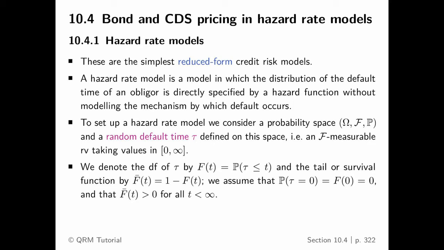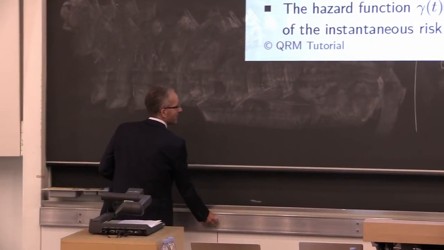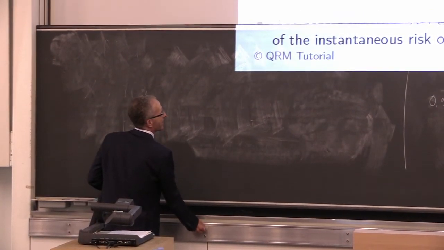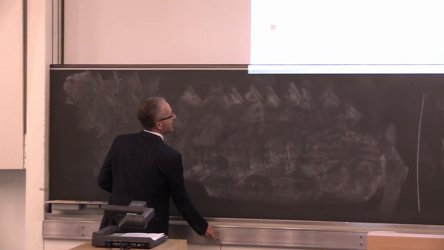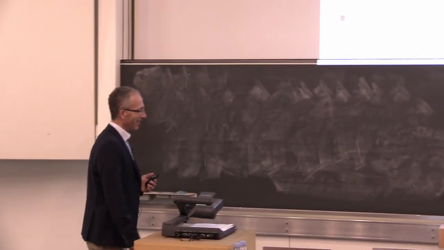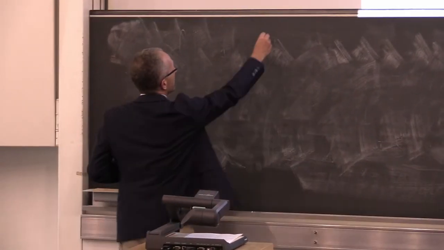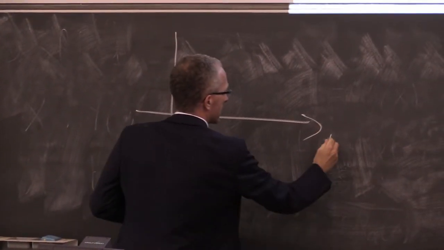Then, for some of the dynamic modeling, it's useful to have a piece of notation, the so-called default indicator. The default indicator process, this is time.